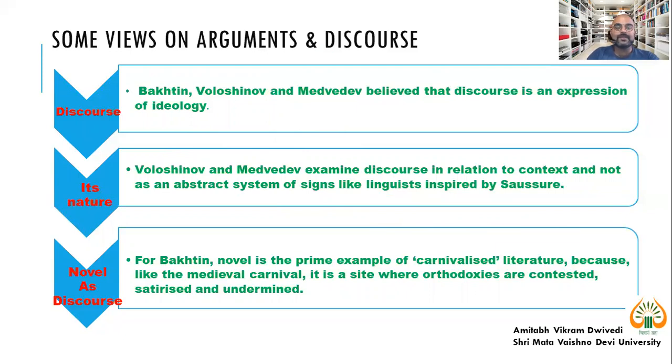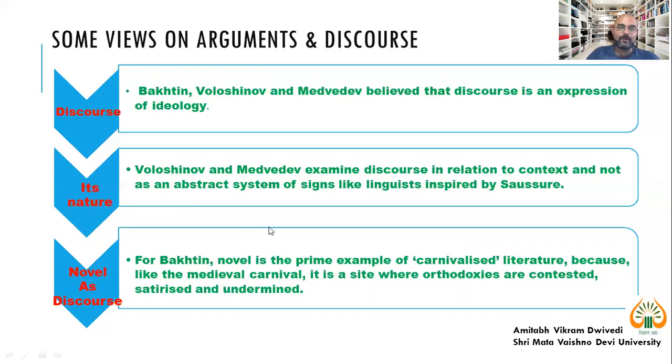That is to say that signs, the language that is used while formulating a discourse, is not that important, but in what context something is said, that is more important.